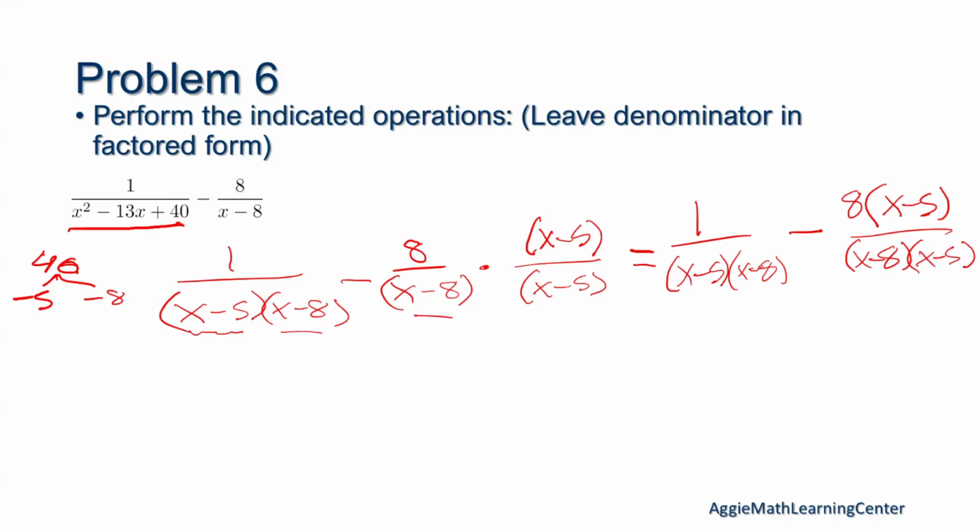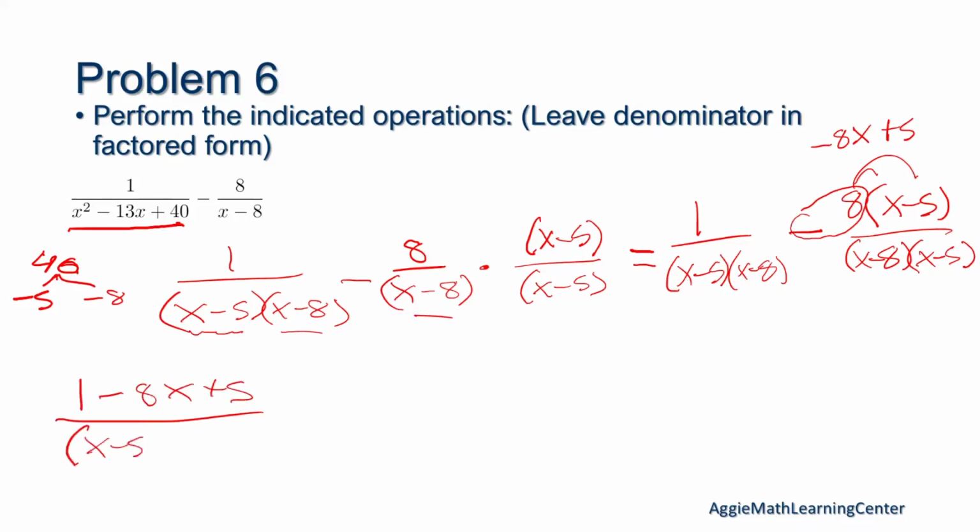So now we can just subtract straight across. Oh, I'm actually going to multiply this out first. So I'm just going to do a negative 8, so then I can add instead of subtract. But if you want to just remember to subtract both terms, that works too. So we have negative 8x plus 5. So here we have 1 minus 8x plus 5 over the denominator.